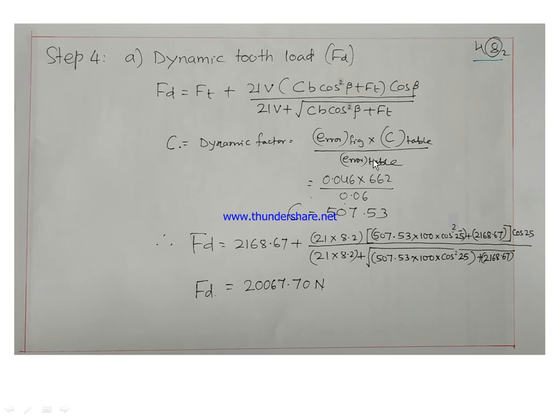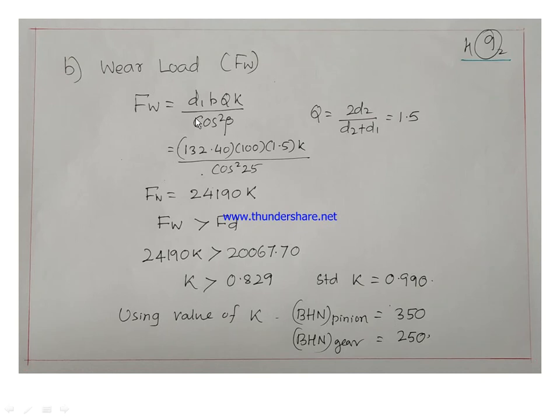You search for this value nearest to this or higher than that, and then take those values, substitute here, and then calculate the actual value of dynamic factor. Once that is calculated, substitute here and then calculate the dynamic load. This is so much, 20067.70 Newton.